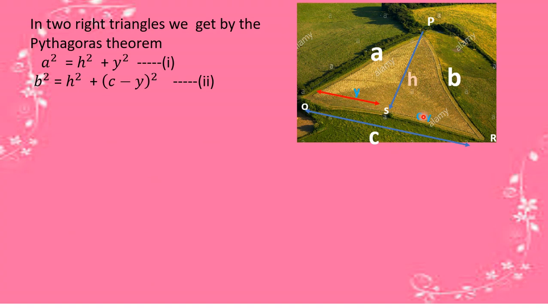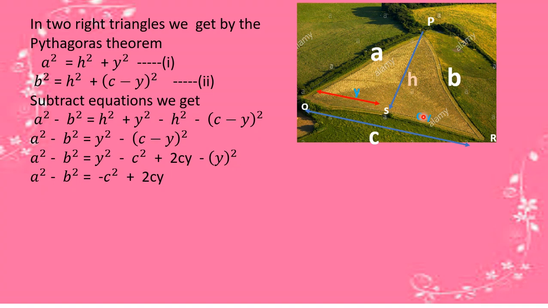Now subtracting these two equations, we get a square minus b square equals minus c square plus 2cy. Now by finding the value of y in this equation, we get (a square minus b square plus c square) upon 2c is the value of y.